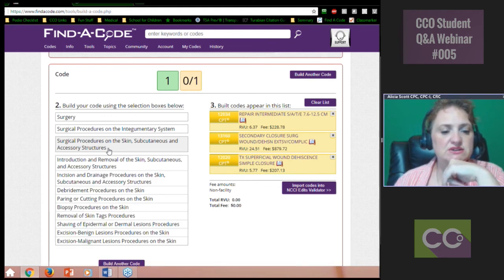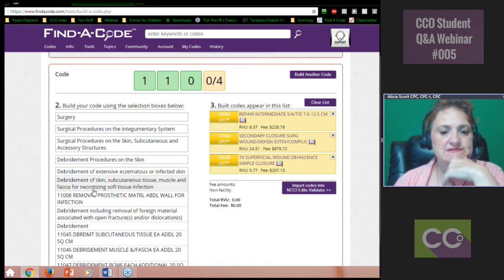And let's look here. Introduction, no. Removal, no. Incision and drainage, we're not doing an I&D. Debridement procedure on the skin, yeah, they debrided. Paring and cutting, biopsy, removal of skin tags, shaving, excision. Now let's go look at debridement. Let's see what it says. So do any of these apply?